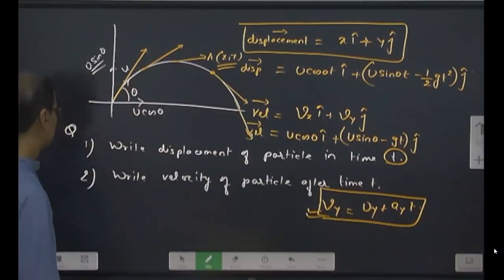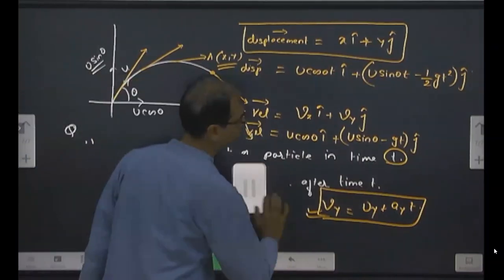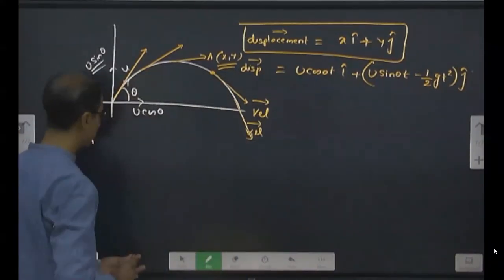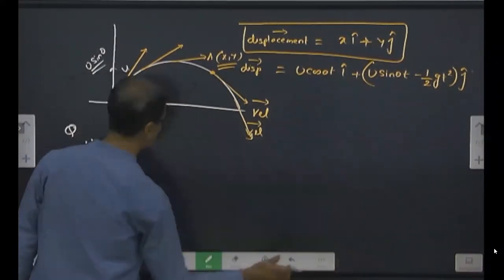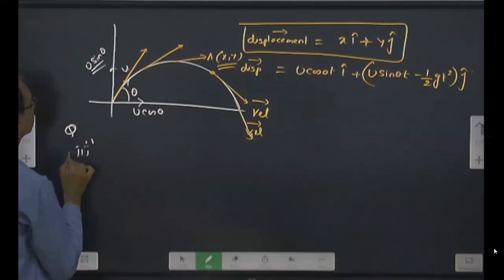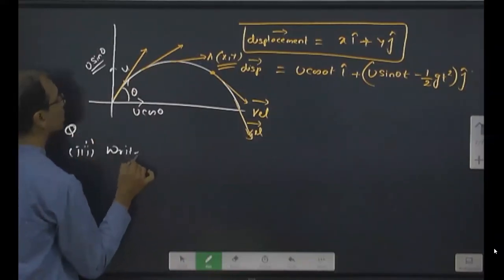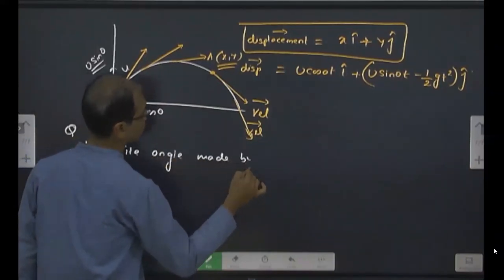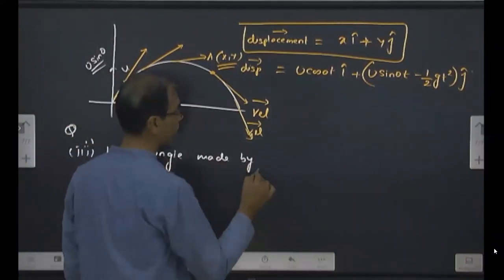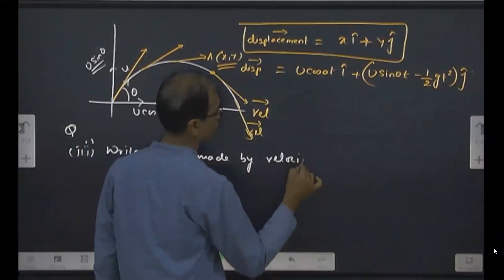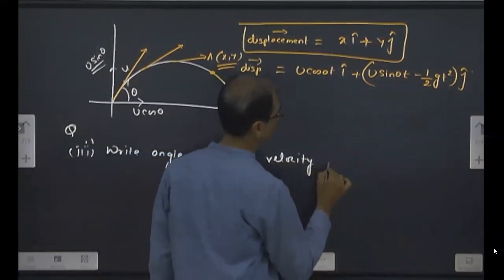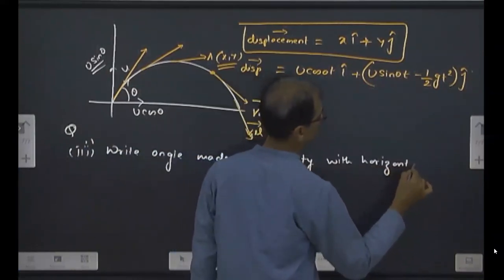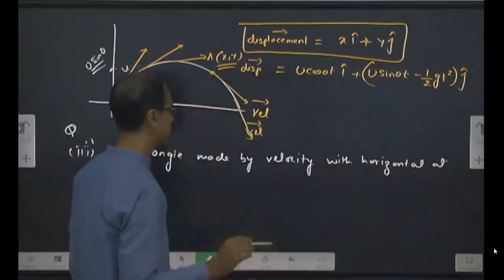Now, my question. Third question in this one. Okay, third question is: find or write the angle made by velocity or velocity vector with horizontal at time t.